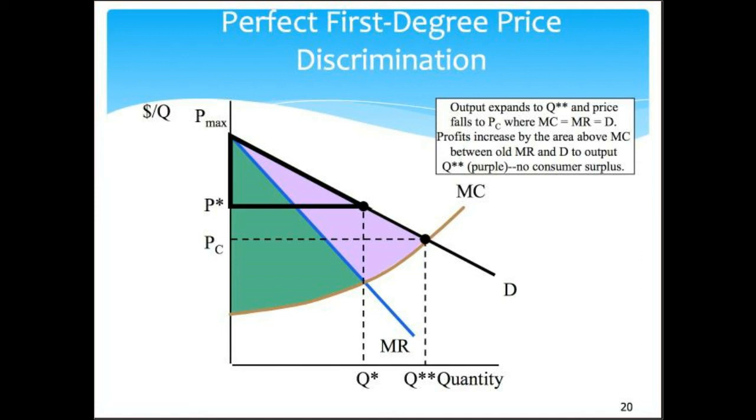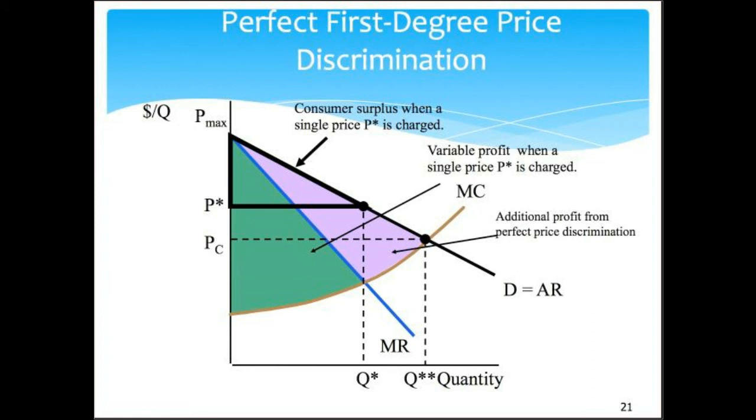So if we want to sum all this up, what you would see under perfect first-degree price discrimination is the net result is output increases actually to competitive levels, profits go up by a healthy margin, and consumer surplus vanishes in this situation. So that leaves kind of a funny taste in your mouth, right?